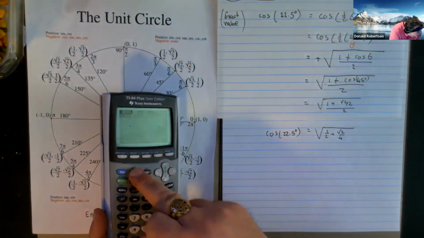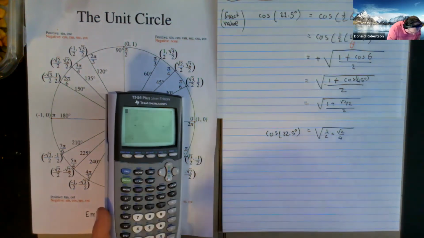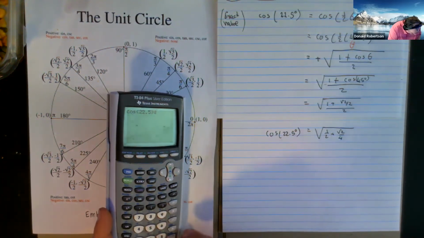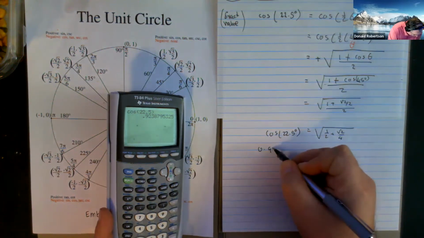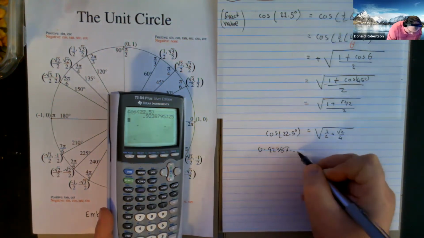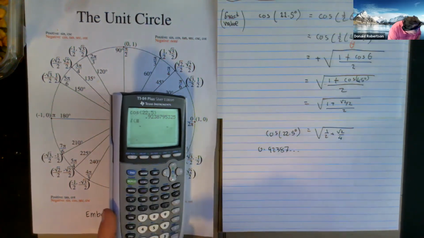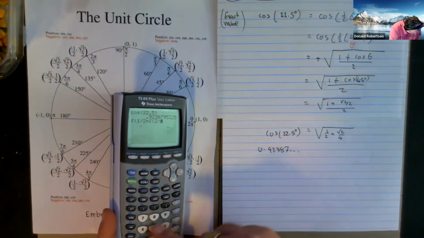Make sure I'm in degrees. I am. Okay. The cosine of 22.5 is approximately 0.92387. Let's find this guy now. The square root of 1/2 plus the square root of 2 divided by 4.